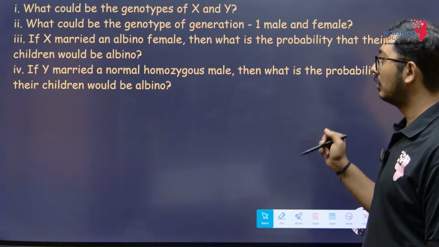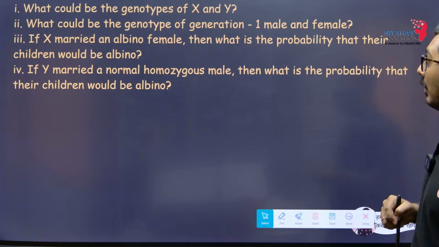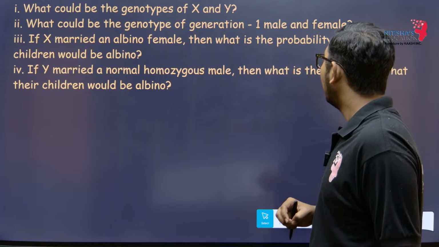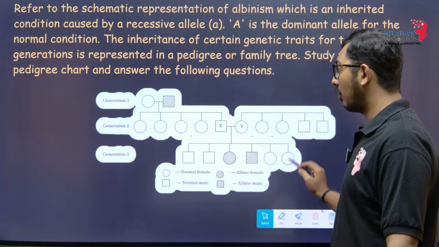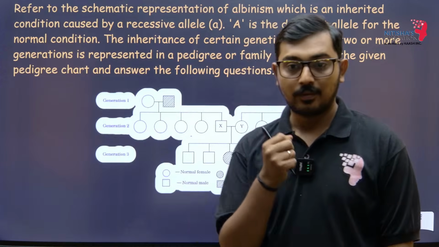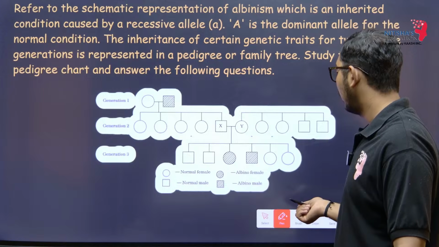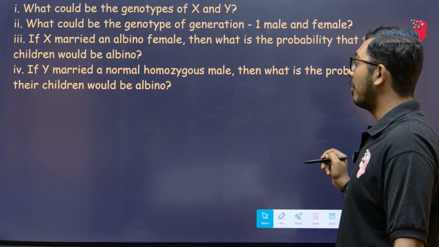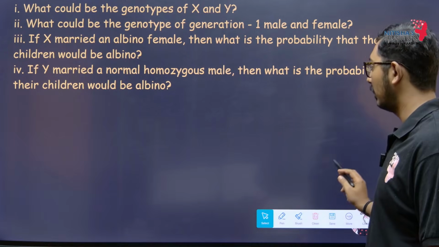And then it is asked, if Y married a normal homozygote male, then what is the probability that their child would be albino? Normal to albino. For normal to albino, what will be the probability? Let me check again. Normal homozygote male, and then albino.